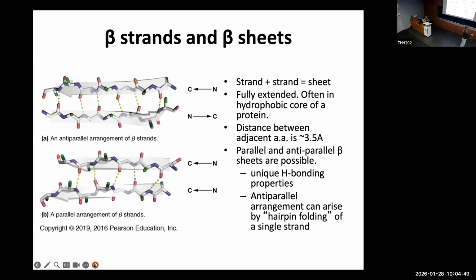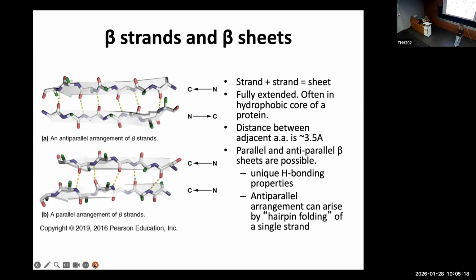This image is a little misleading because it looks like two proteins. But really what's going on is that we have a region of the polypeptide that's in a beta sheet, and then we might have something like a loop out here, and then the protein continues back in this direction. So it loops back on itself, and it forms these hydrogen bonds between them.